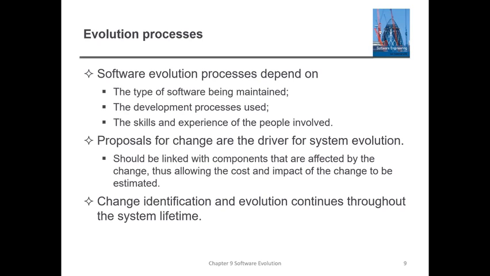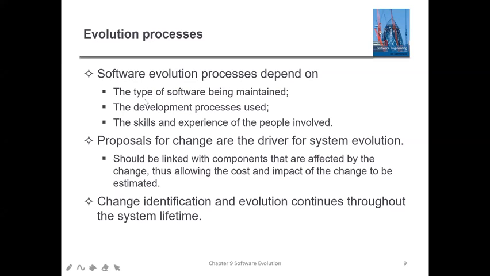The first thing you have to remember is that it is dependent on the type of the software, how the development processes have been utilized, and the skills and experience of the people involved in making this software. If you want to build any software properly, you should have some things, right? The software evolution should be dependent on something. What is that?